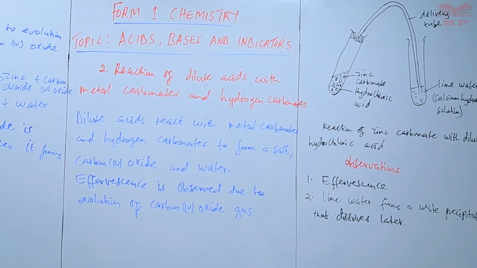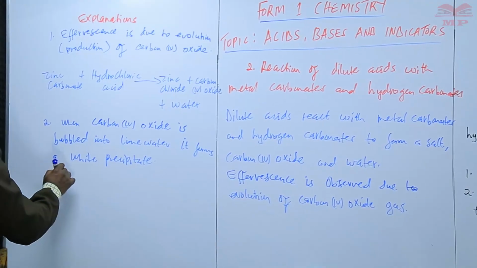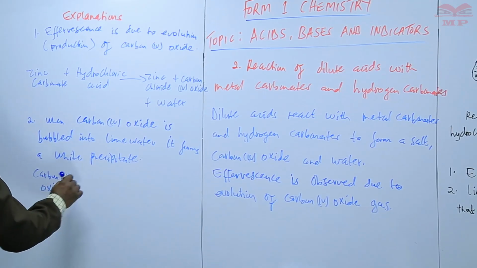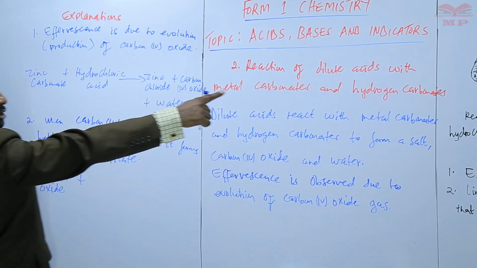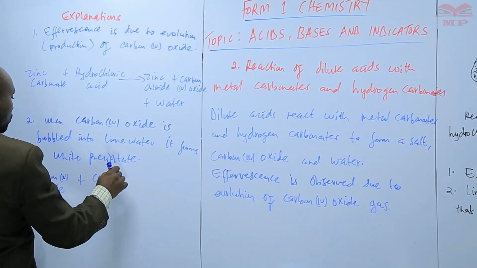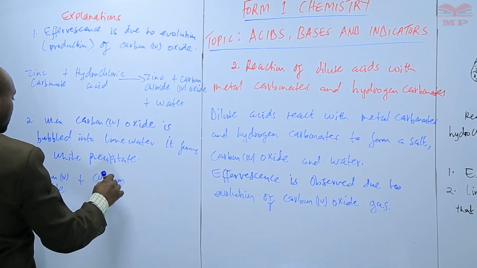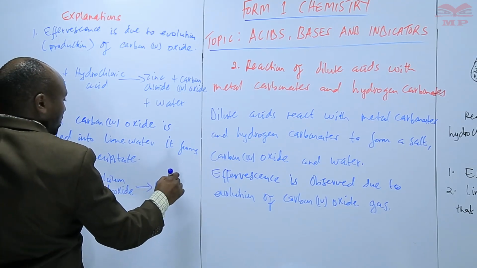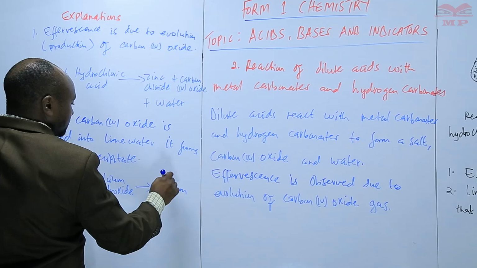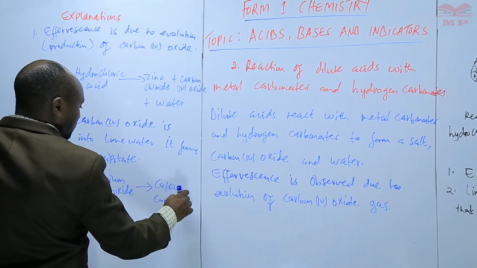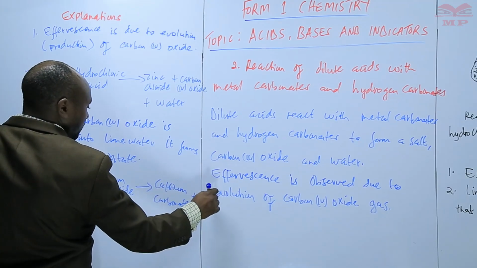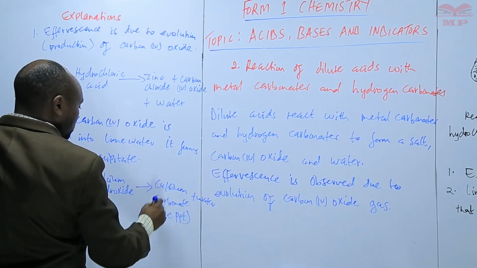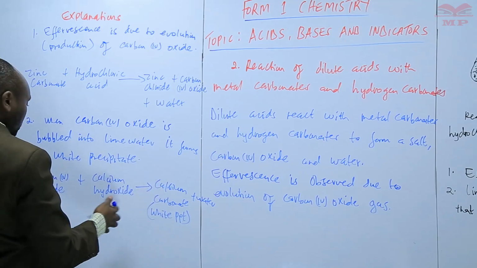The reason is that the carbon 4 oxide combines with the lime water. Lime water, we have said, is calcium hydroxide. So here you get calcium carbonate plus water. The white precipitate is calcium carbonate.